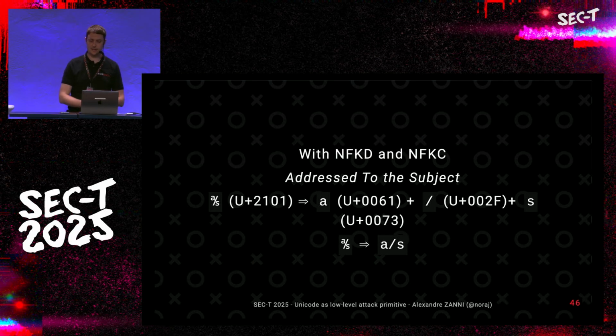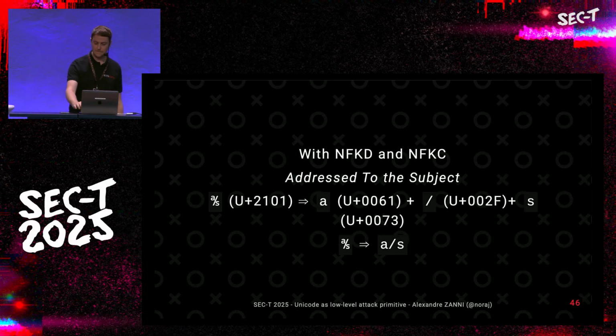If you take this character, which is called address to the subject, when you normalize it with one of the 2 compatibility mode normalization forms, like NFKD and NFKC, it will result in 3 separate characters: a slash, and an S.